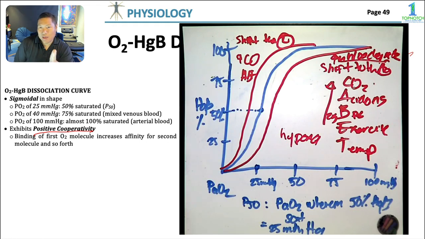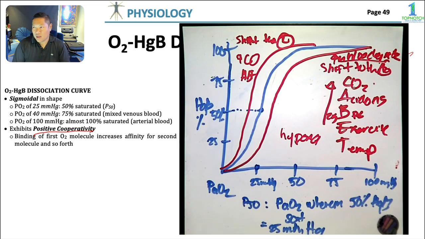An increase in plasma pH will make the blood more alkaline, so shift to the left. A decrease in plasma pH. Okay, so that is acidosis, so that is shift to the right. Okay. High altitude, shift to the right, increase 2-3 BPG. COPD, shift to the right. Okay, increase 2-3 BPG. Exercise, shift to the right. Fever, shift to the right.